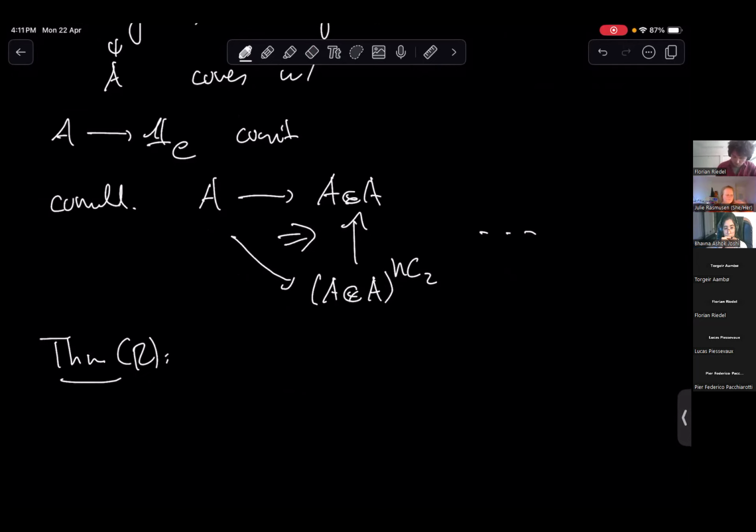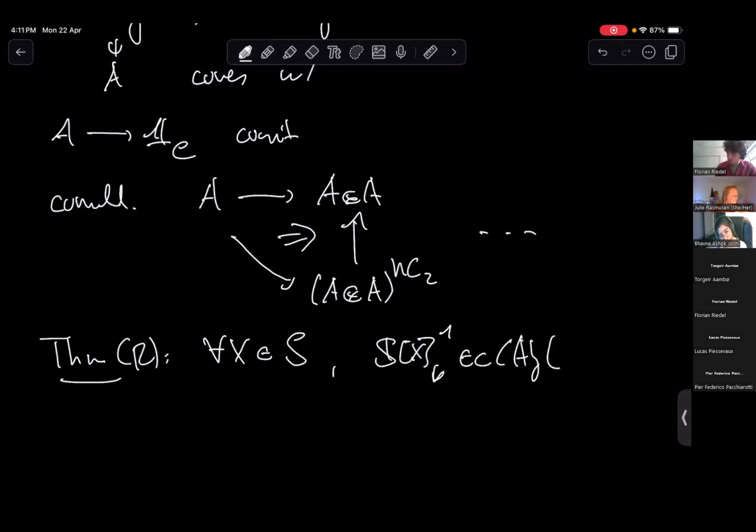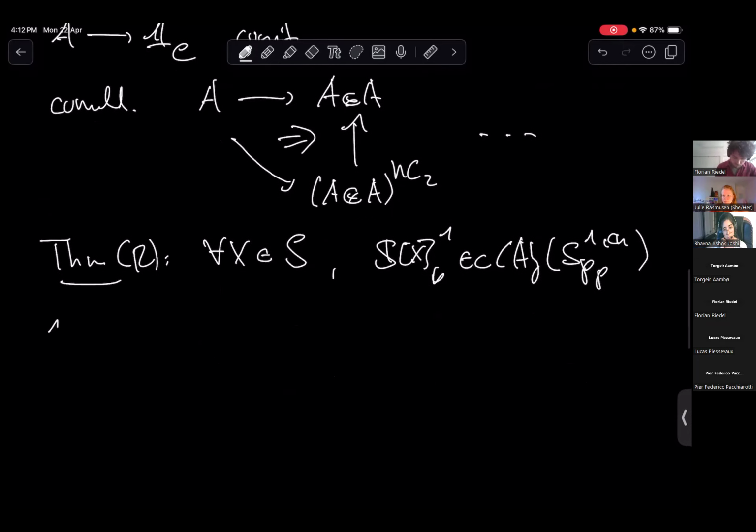So for all spaces X, take the p-complete suspension spectrum of X. This is a coalgebra in p-complete connective spectra, up to contractible choice.